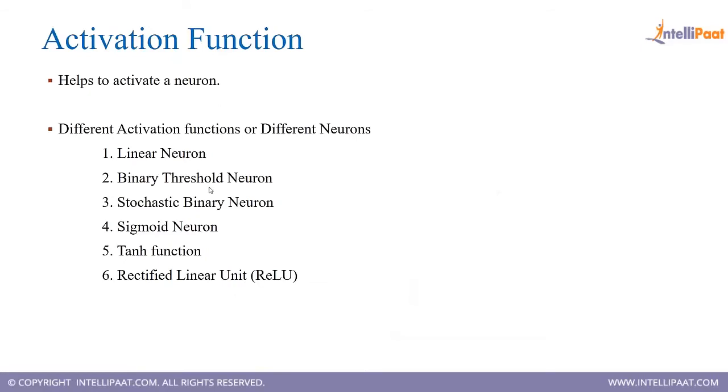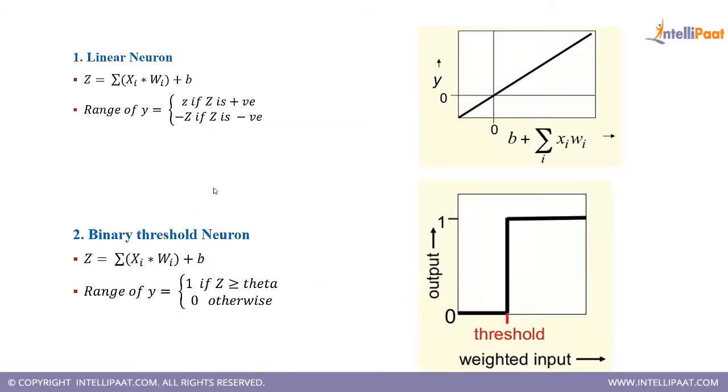When you use a binary threshold neuron, you put in some threshold theta value, either 0.05, 0.3, 0.4, whatever. Greater than that, you turn the output to 1, or else 0.